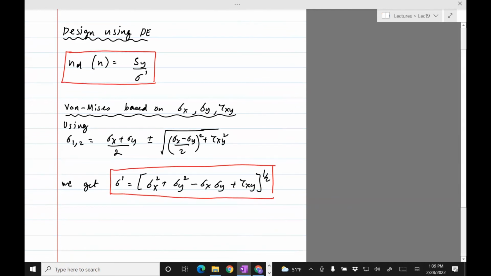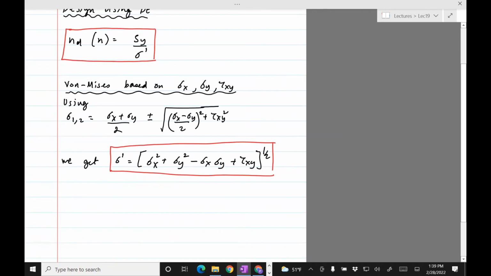Now, I've only talked about using distortion energy for simple tension and compression experiments. You could also use this for shear. This is how you can use it for shear. So using DE for shear.